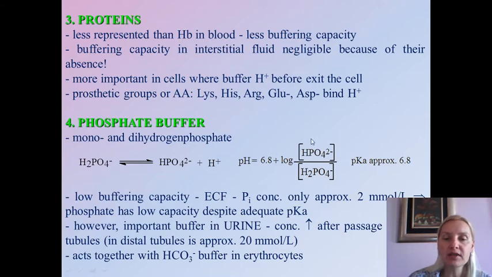And regarding the fact that pK for phosphate buffer is approximately 6.8, we can write the Henderson-Hasselbalch equation for phosphate buffer as well. It exhibits a rather low buffering capacity in extracellular fluids and blood, for example, because the concentration of phosphates in extracellular fluids is rather low, not more than 2 millimoles per liter.